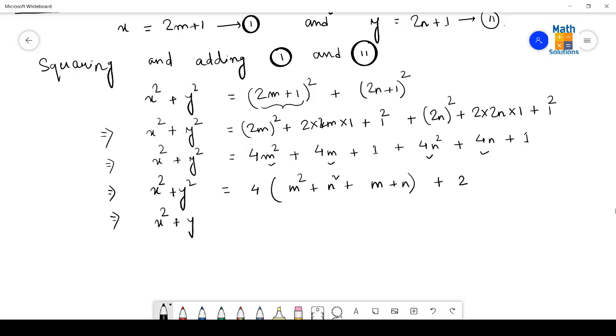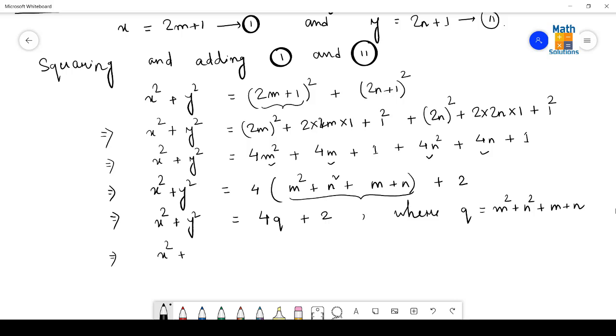So from these two parts, what do I get? x square plus y square is equal to 4q plus 2, suppose I consider this whole thing as an integer q, where q is equal to m square plus n square plus m plus n. So after this I can write x square plus y square is equal to, in what way can we proceed here?